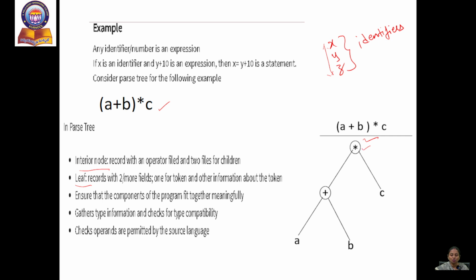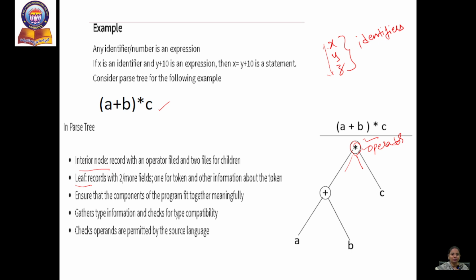The root node should definitely consist of two children, the left and right, and the middle one should be an operator. Then that can be considered as the root node. Coming to the leaf nodes, records with two or more fields, one for the token and others for information about the token, can be considered as the leaf nodes.